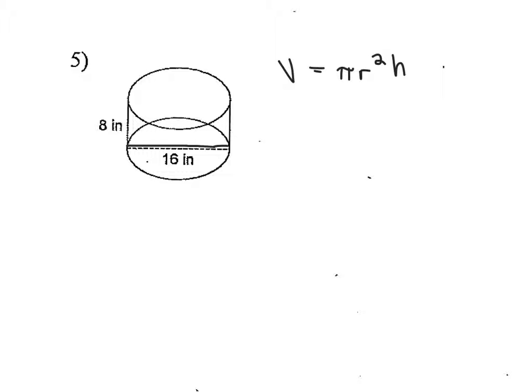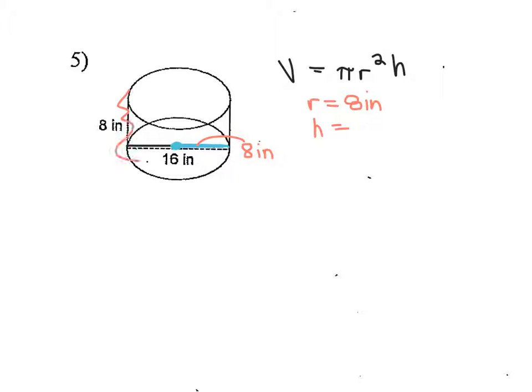So to figure out our radius, which is half of 16, or halfway across, think to yourself, all right, what's half of 16? Or divide that number by 2, and that would give you a radius of 8 inches. So I'm going to go ahead and write this on the side just so I remember that my radius is 8 inches and my height is actually the same thing.